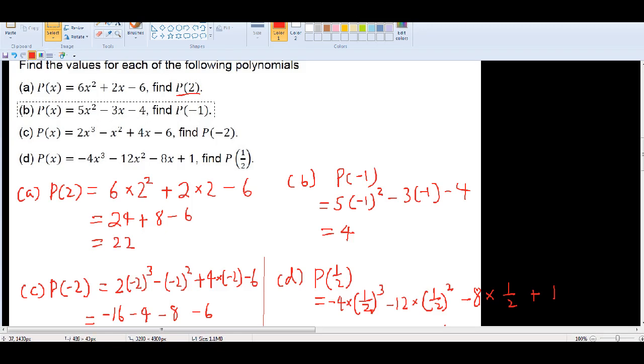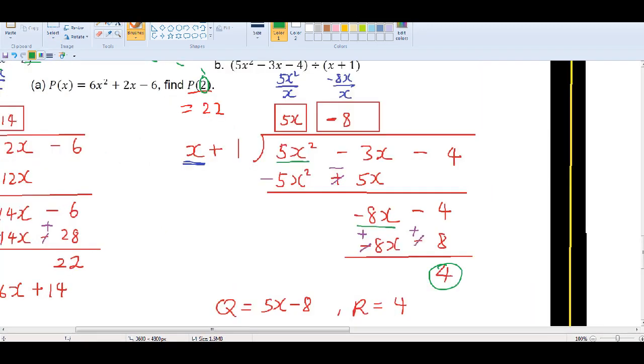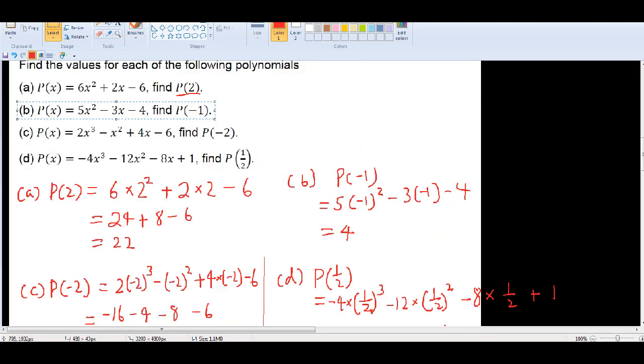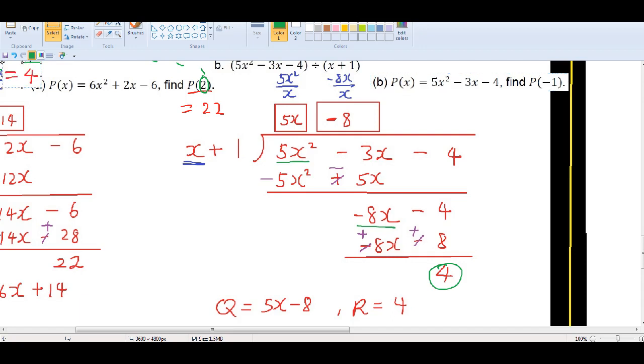So question B is like this. For question B, I'm asking you to put minus 1 into x. Then what answer do we get from that? We get 4. Alright, so let's put 4 here.